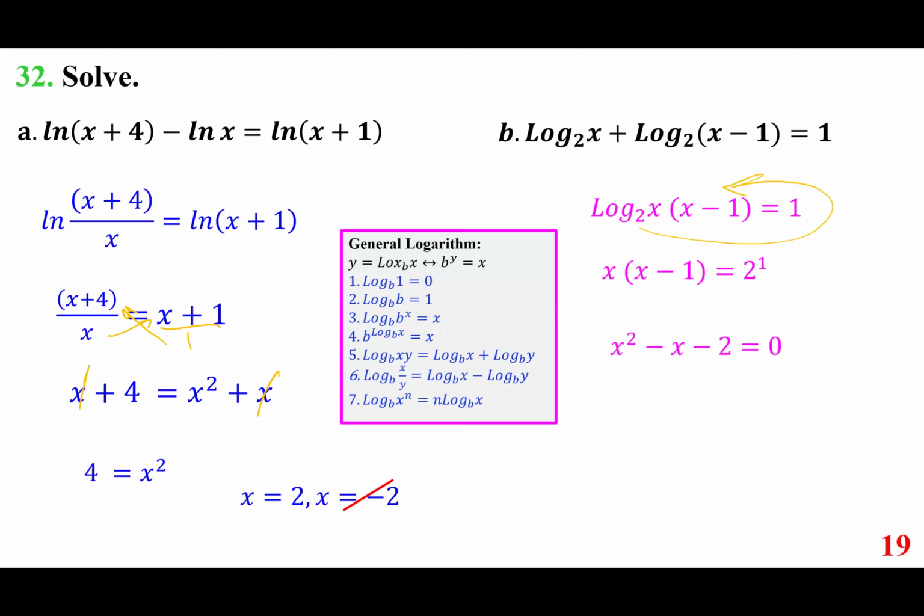X minus 2, x plus 1. We get two answers. X is either 2 or negative 1. We put the 2 here, it's fine. 2 minus 1, fine. We put the negative 1, it doesn't work here because the argument can't be negative. You don't even have to check the next one. That's out.